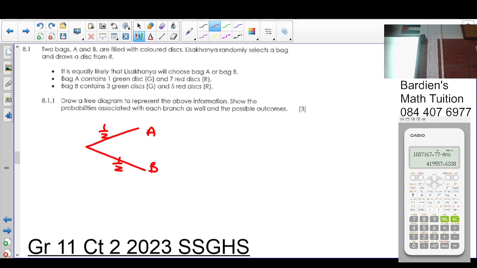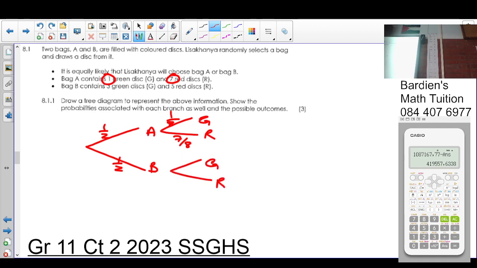Bag A contains 1 green disc and 7 red discs. Green and red: 1 green out of 8 and 7 out of 8 reds. Can you see that?